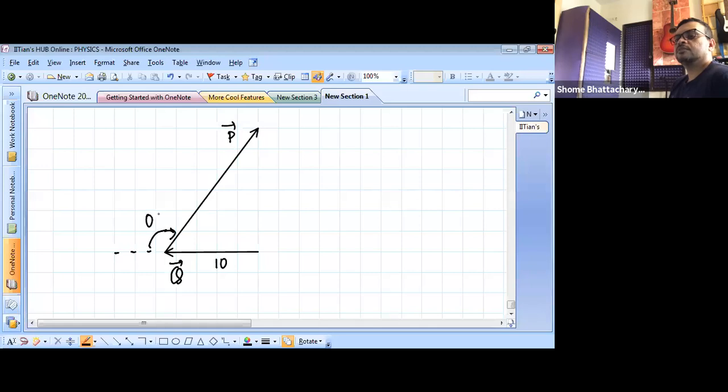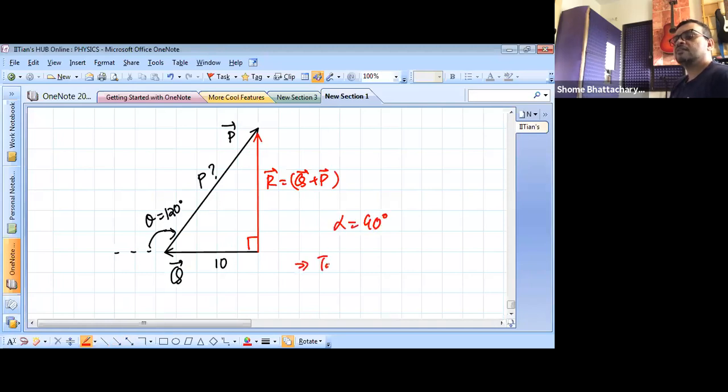So this angle between them is 120 degrees. P's magnitude is unknown, but it is known to me that the resultant is perpendicular. The resultant would be this vector here. So this will be perpendicular to Q. So alpha is equal to 90 degrees.